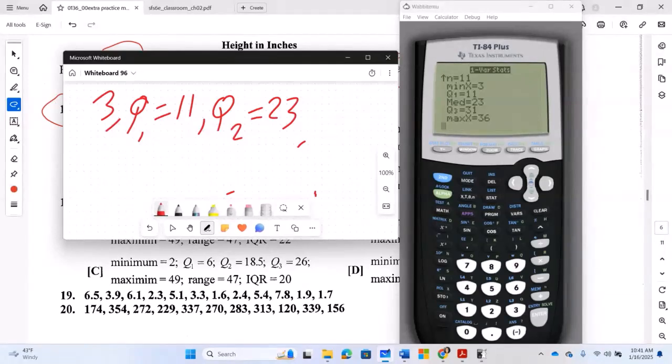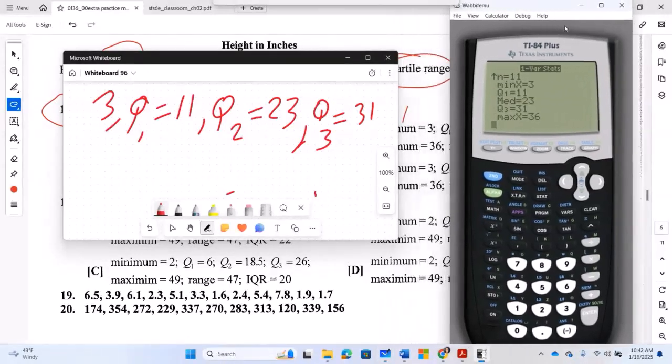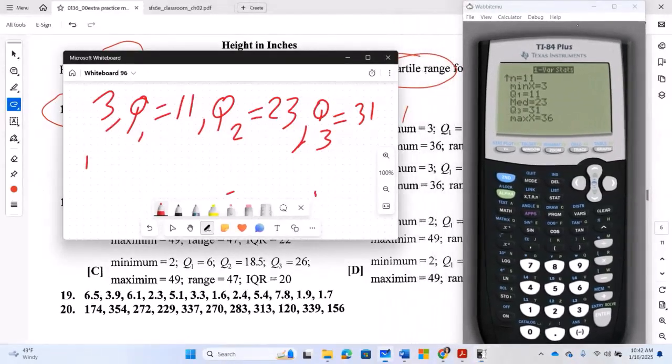So that's why the third quartile is given to me as 31. The maximum number is given to me as 36. Maximum number is 36. This is minimum number. Minimum number is 3.